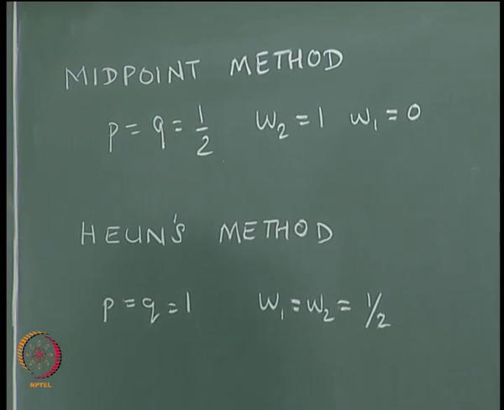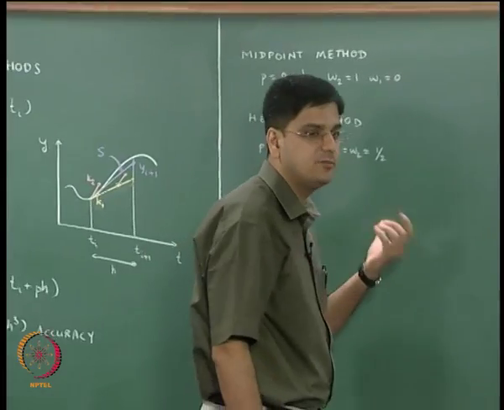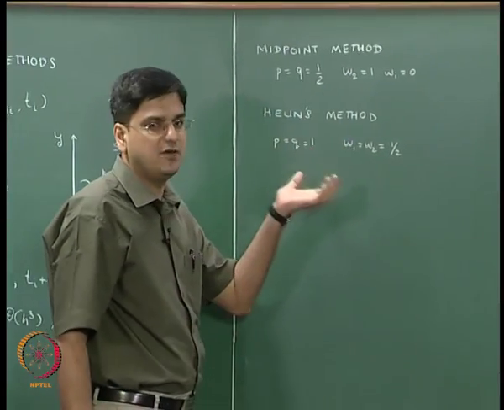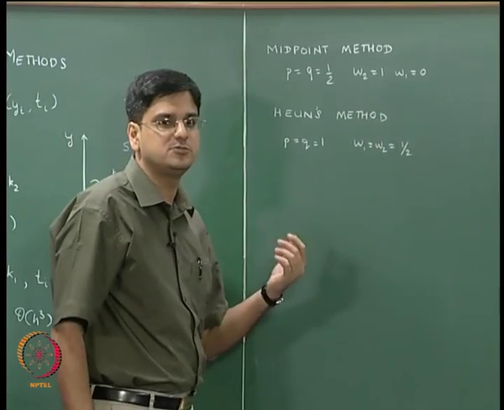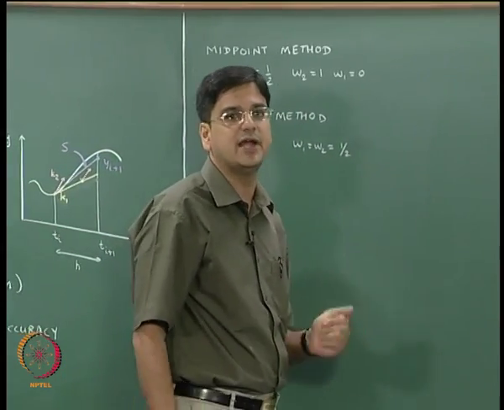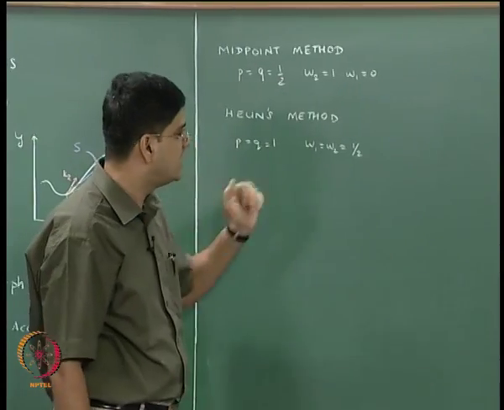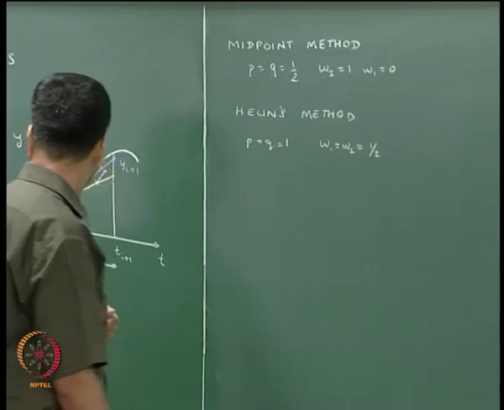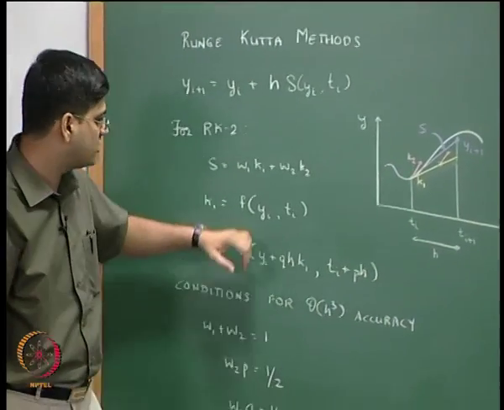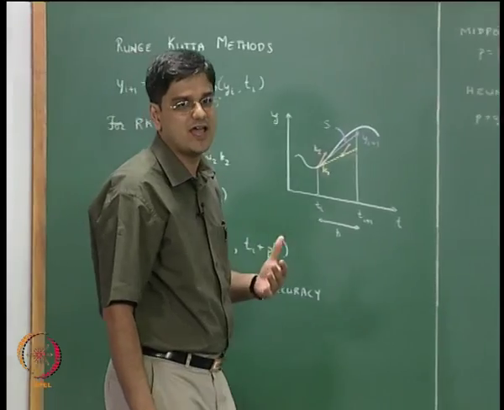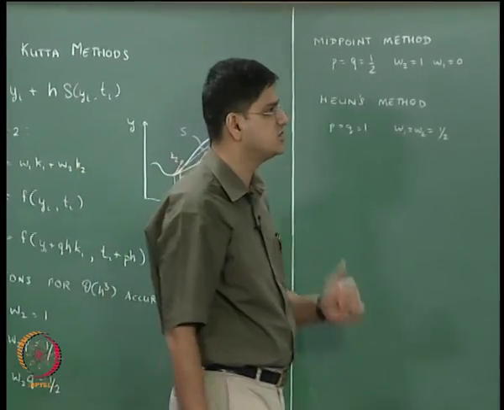In the previous lecture, what I had mentioned but not really expounded on was that in some ways the idea behind Heun's method is similar to the idea behind the trapezoidal method, and let us see why I made that particular statement. So let us consider the case where this particular function f of yi comma ti was not a function of yi explicitly, but it was only a function of ti.